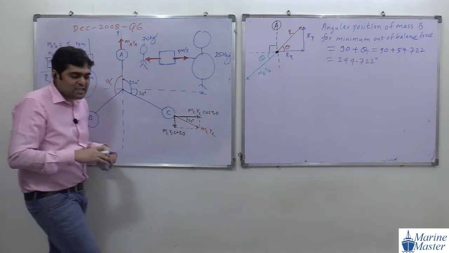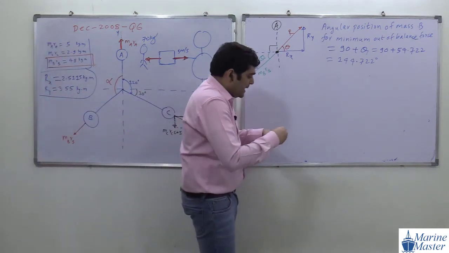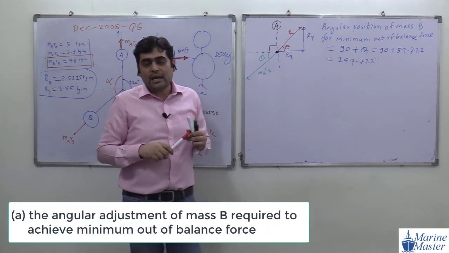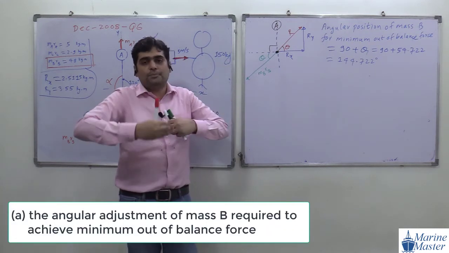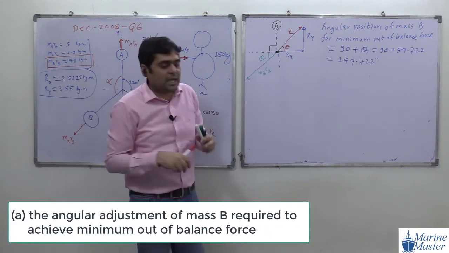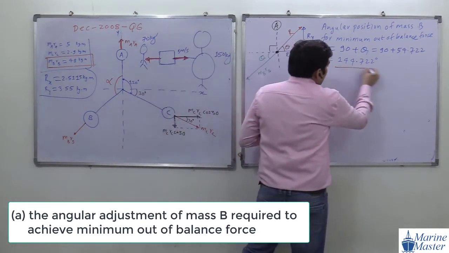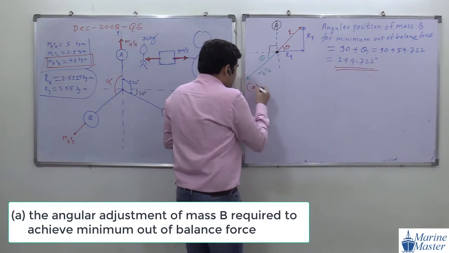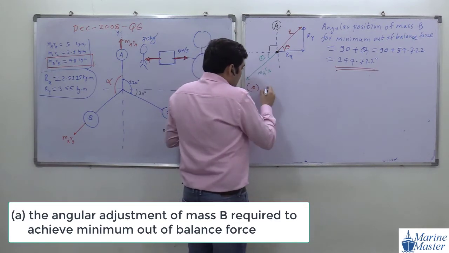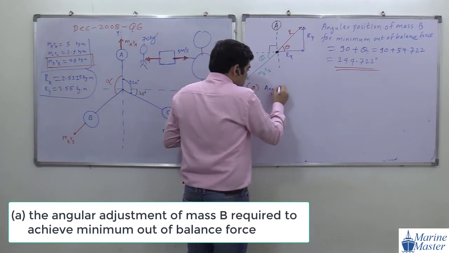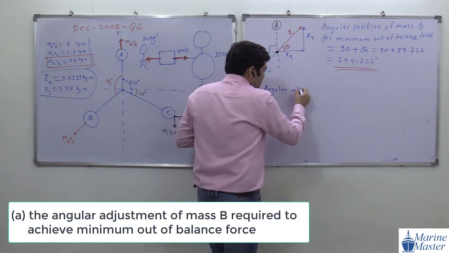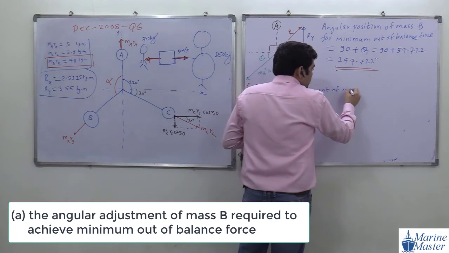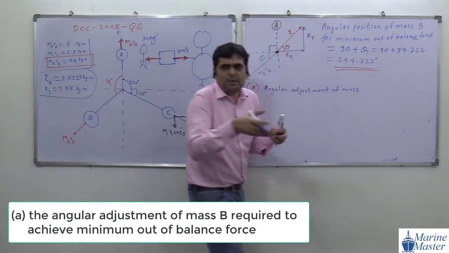So guys, our target in part A. What are they asking us in part A? They are asking for the angular adjustment of mass B for minimum out of balance force. What is meant by adjustment?